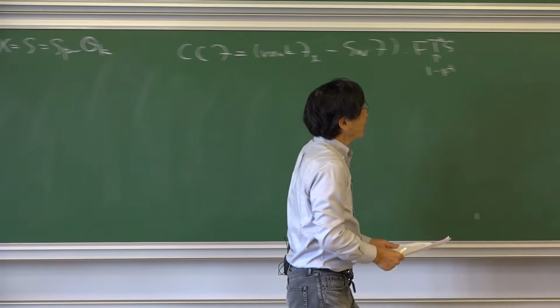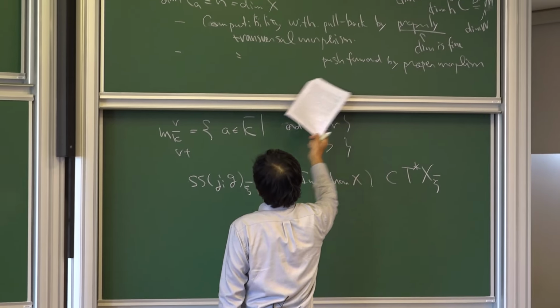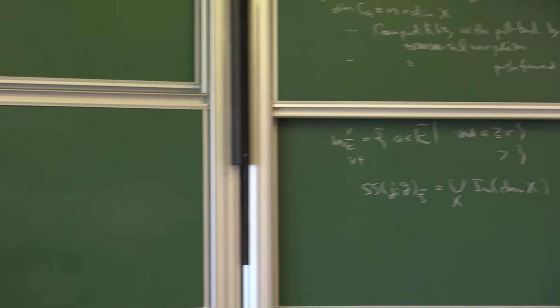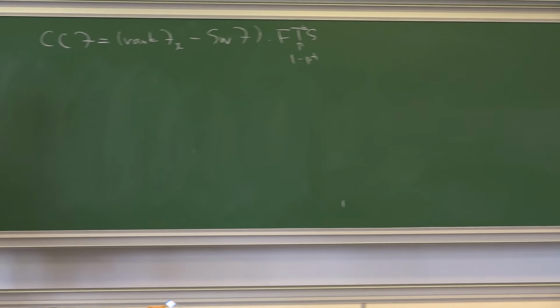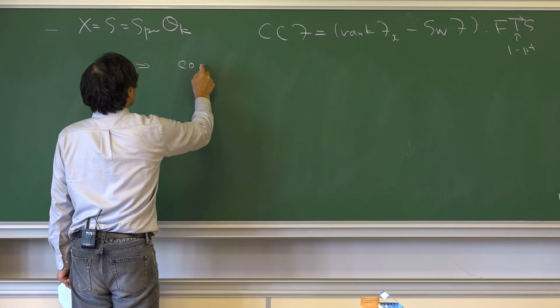So if we combine this push forward property and this normalization, then they should imply a conductor formula.